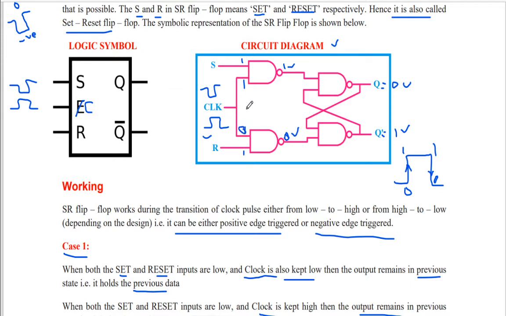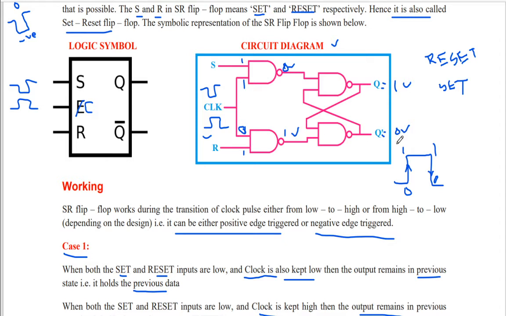At this point, when the clock input is high, the upper NAND gate will produce a low output and the lower NAND gate will produce a high output. Because of which the flip flop, which was initially in the reset state, will now change to the set state, where the value of Q will be 1 and Q bar will be 0.